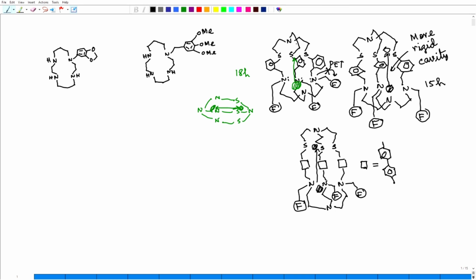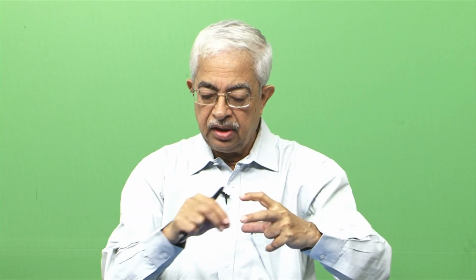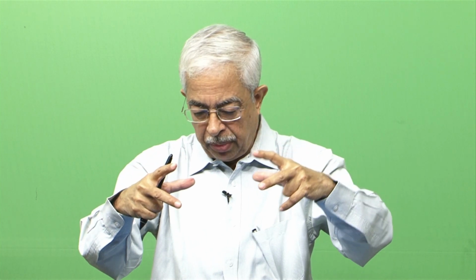Within a couple of minutes, it does like this. And why does it do so? Because of two reasons. This space is kind of rigid. This is a rigid hydrophobic spacer. So, the ball comes in 2 minutes, and there the ball comes in 18 hours. So, 18 hours is not good, but 2 minutes is much better.